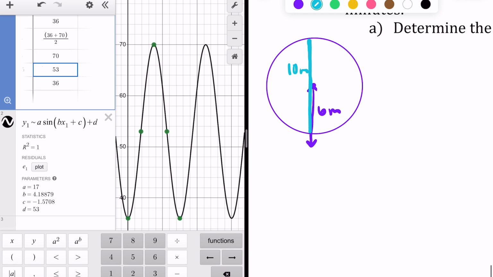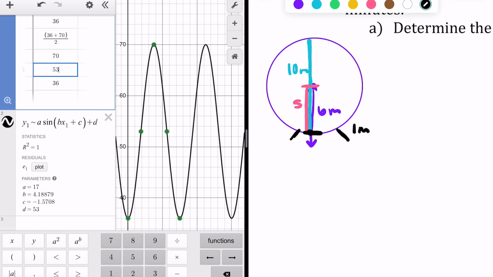Which actually kind of makes a lot of sense, because if the diameter is 10, the radius has to be 5. So I can get a lot of information from that. What can I get? I can get that at the lowest point of the Ferris wheel, I'm 1 meter above the ground. Because again, if the distance from the ground to the center is 6, and the radius of the circle is 5, then at the lowest part of the circle, I am at 1, specifically 1 meter.